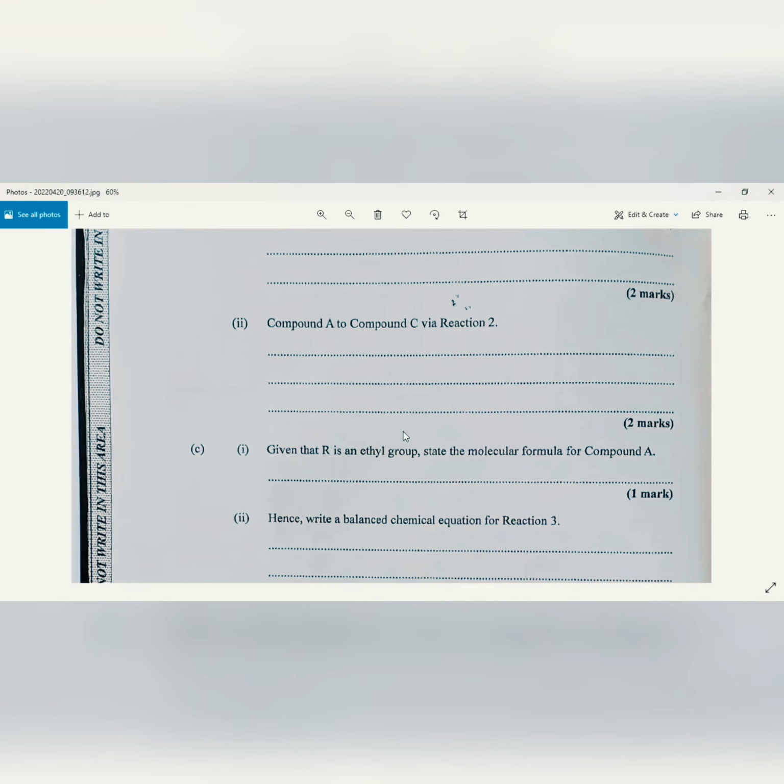Now it says, given that R is an ethyl group, which is therefore C2H5, your ethyl group is going to be C2H5, right? Remember now, this is what the structure of the compound looks like. H, H, H, and you have the R right there. Now they're saying that this R is C2H5.